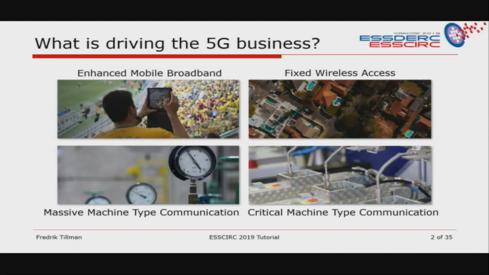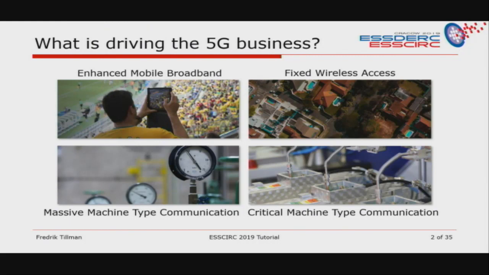So if we start with just what's driving the 5G business, as Gernot already said, 5G is on the horizon. We have already started to deploy these kinds of systems, but it's primarily driven from a business use case perspective, where 2 years ago we saw the first fixed wireless access networks being shaped in the US, and now we are moving into the mobile broadband domain.